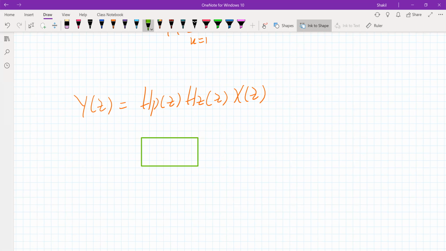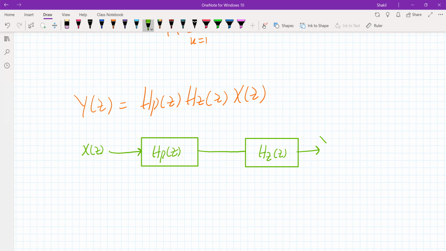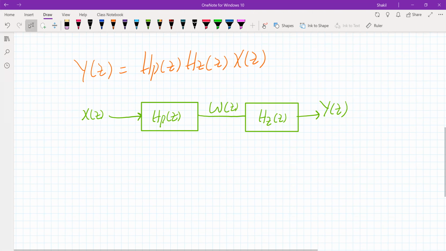There are two systems in cascade, and the input to the first system is X(z). First we realize the poles, then we realize H_Z(z), and the total output is Y(z). Let's represent the intermediate output as W(z). So W(z) is given as X(z) H_P(z).